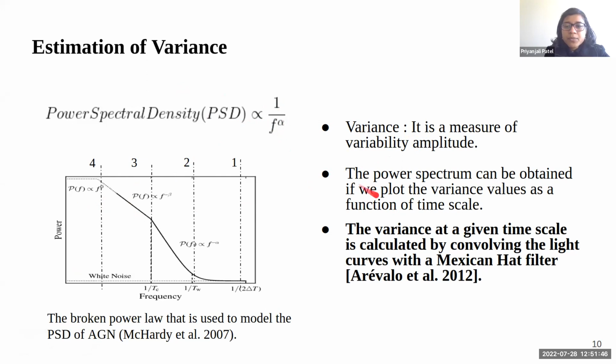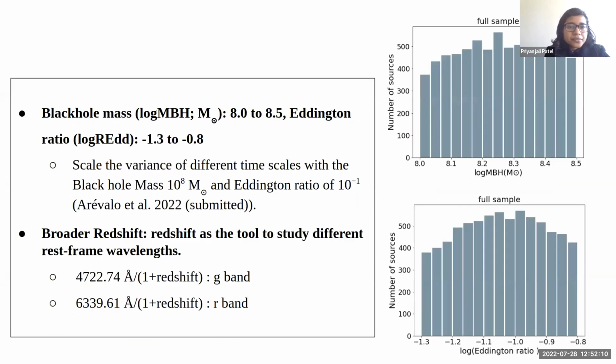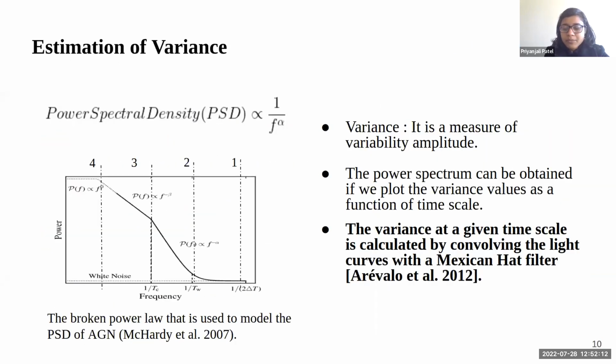So when we plot the variance values as a function of time scale, we can obtain the power spectrum. And for this project, we are calculating the variance by using the Mexican hat filter, which is able to calculate the variance for uneven sampling light curves.